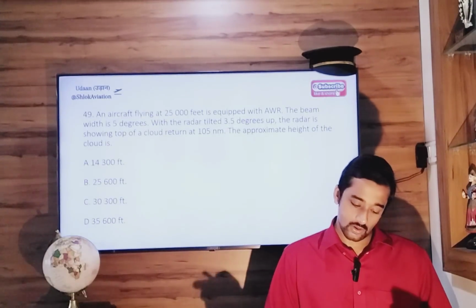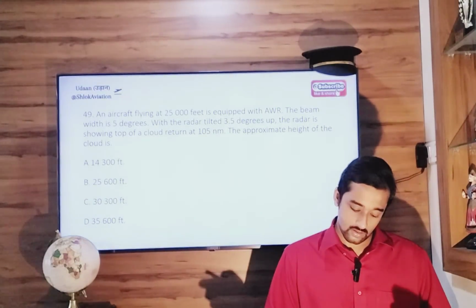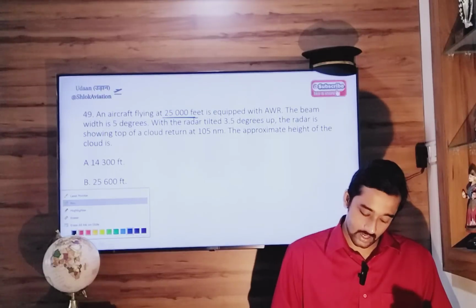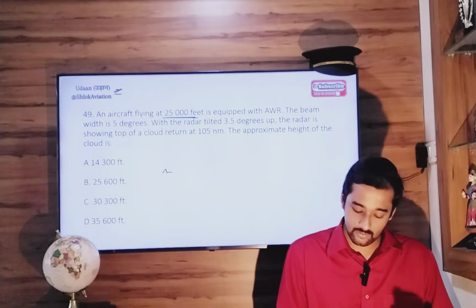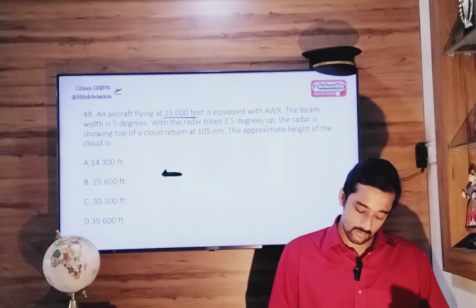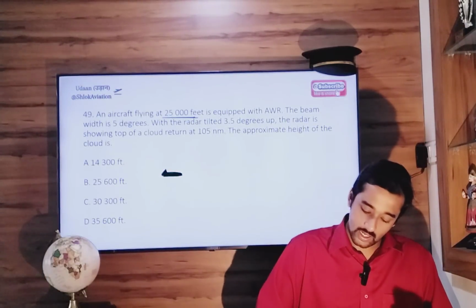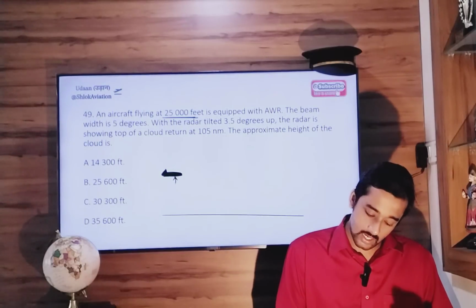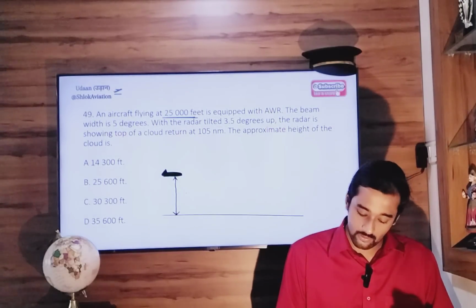Okay. So let's draw the aircraft. This is where your aircraft is. This is the horizontal datum. Now the distance between your aircraft and this datum is 25,000 feet.